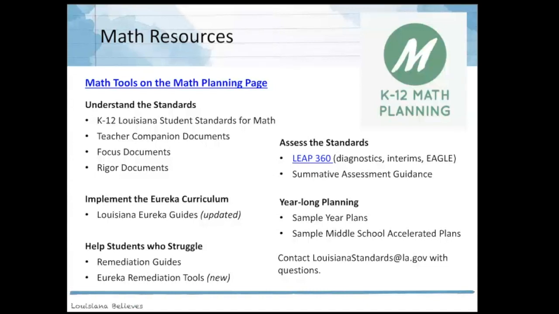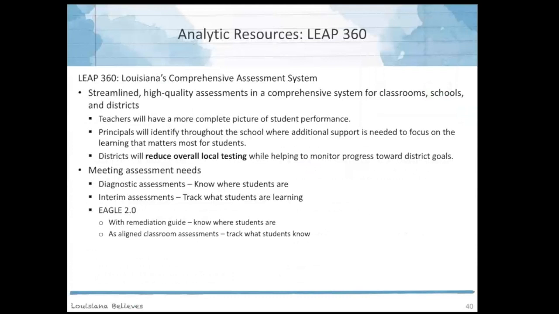I don't really know how they can make those claims because they don't work with us. So the LEAP 360 is a reflection of and a part of what we do every day with these tests. And EAGLE is also a part of that.